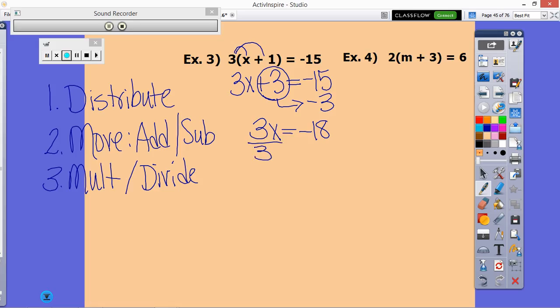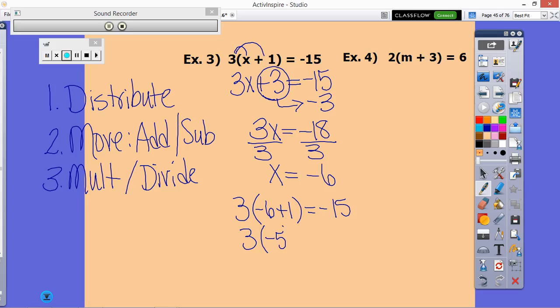I'm now ready to divide by my 3, and I end up with an answer of x is equal to negative 6. Certainly want to check that, make sure that it works. With the order of operations, we know that we'll take the negative 6 plus 1 and do that first. So that's negative 5, and negative 3 times negative 5 is negative 15, and that does check.